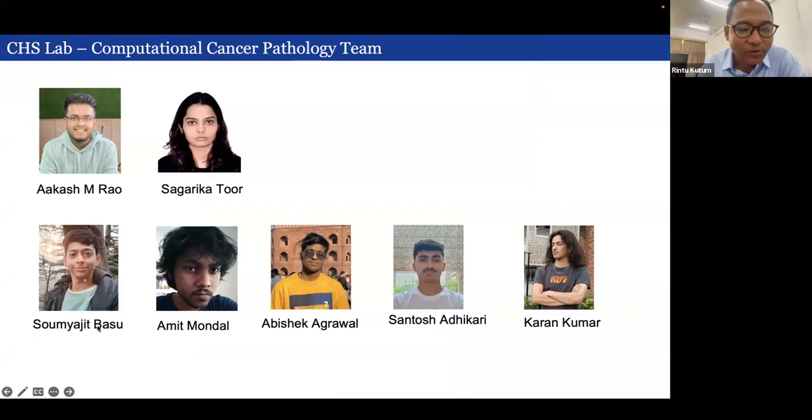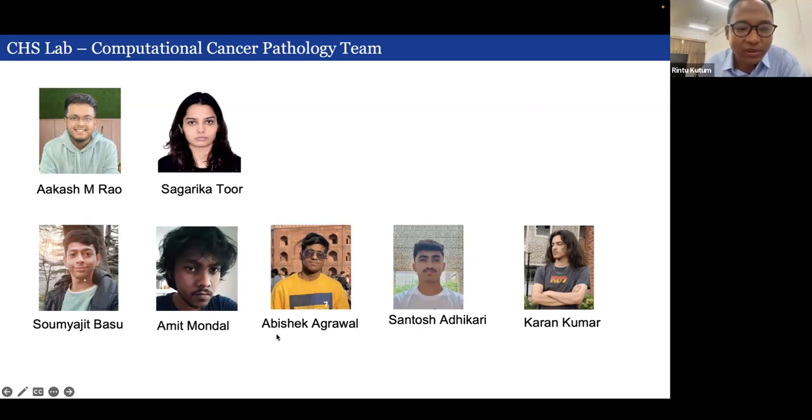Then Somajit Basu is a computer science and maths major student from Ashoka University. Amit is in the computer science department, a computer science major. Abhishek is also a computer science major with more inclination to maths. Santosh and Karan are both computer science majors. The team is composed of a lot of expertise.